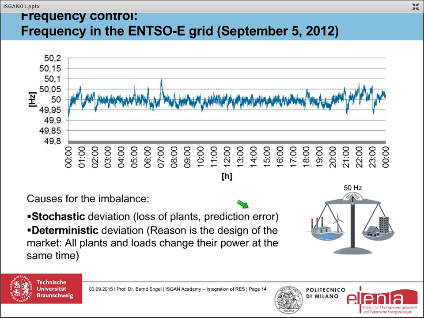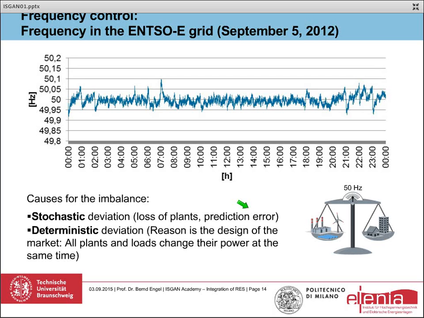Back to the frequency control. Here we have the frequency in the frequency control zone continental Europe with the very small tolerance band.